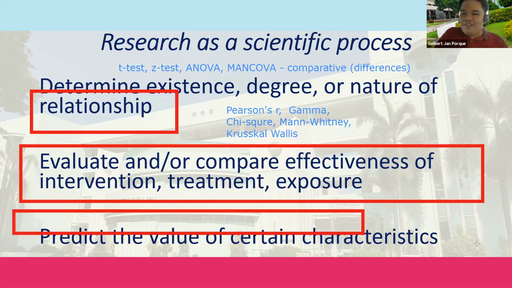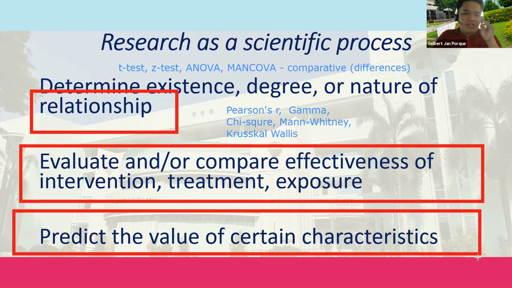Next, predict the value of certain characteristics. Predictive research is becoming more common nowadays. For example, if I want to predict your success in the nursing program, will your NAT scores be able to predict your survival in the nursing program? That is a predictive study. There are studies which say that your performance in the board examination can be predicted by your performance in your nursing aptitude test.